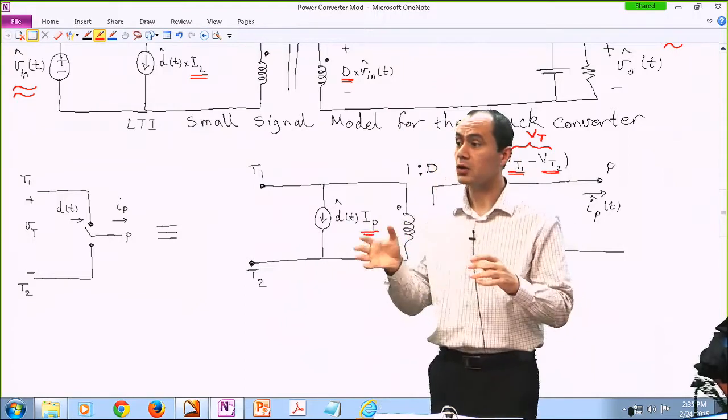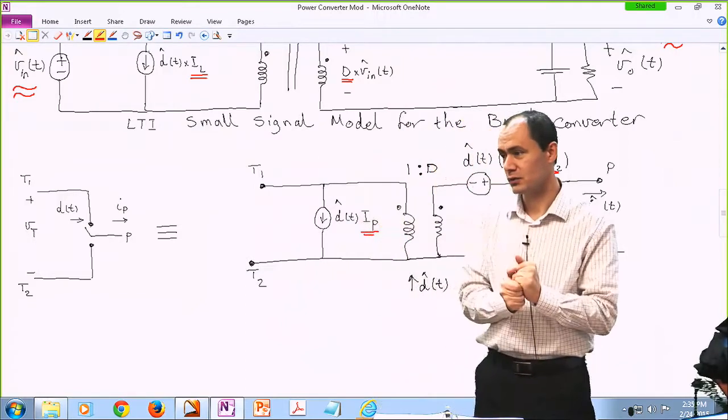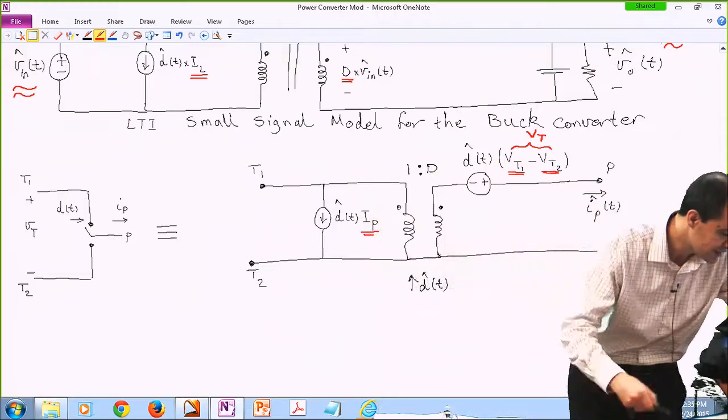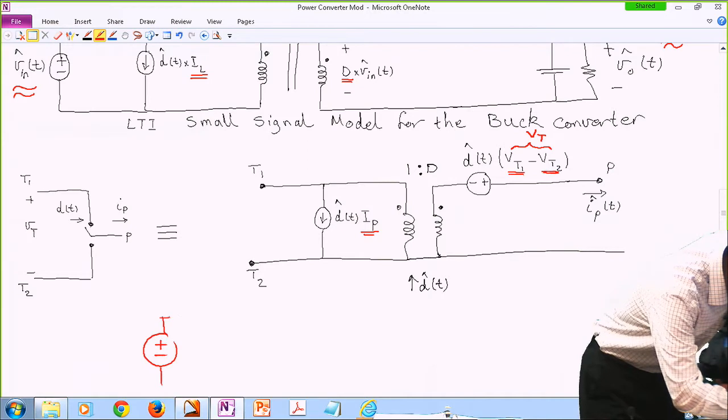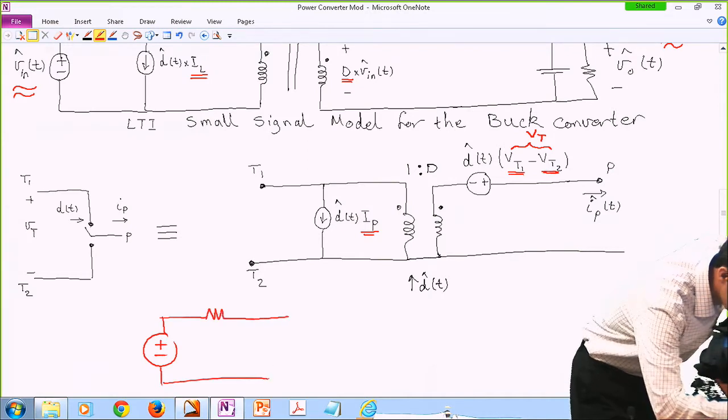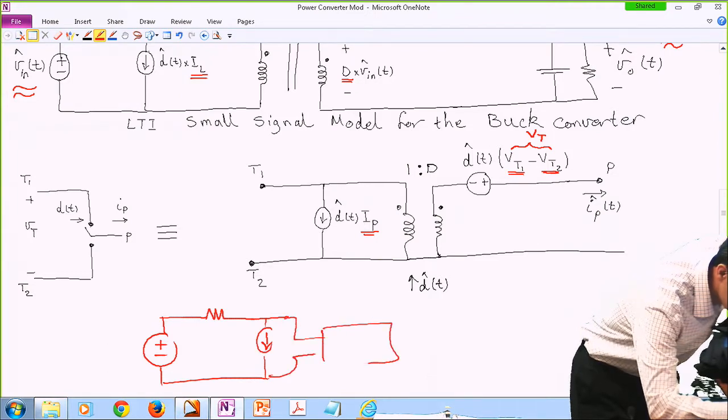And there might be other components connected to your input voltage. So, why is it that the input voltage is constant? Here is why. Let's say this is a battery, but the battery also has an internal resistance. And then you have a load, and then you have your DC-DC converter.